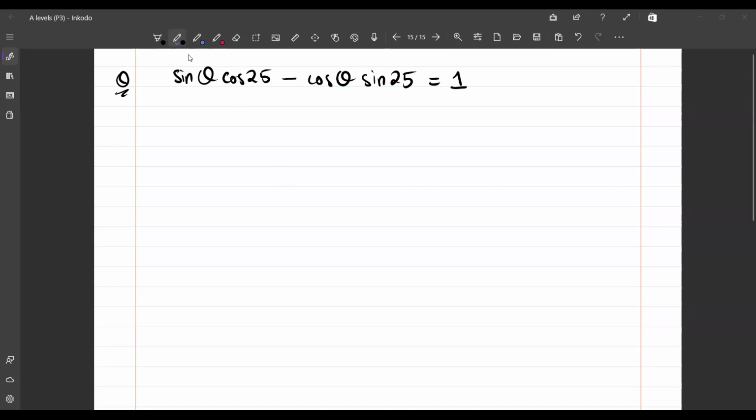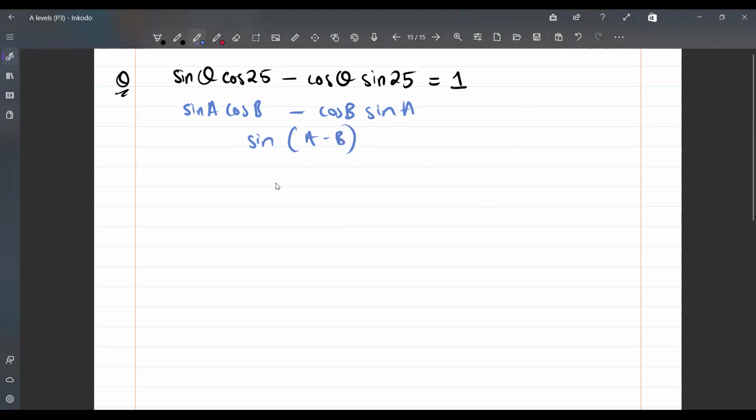Similarly, observe here that this is the question that needs to be solved, and an identity is being applied here. Notice that this is sine theta cos 25 minus cos theta sine 25, which is the same thing as sine A cos B minus cos A sine B, which we studied as sine A minus B in the identities video.